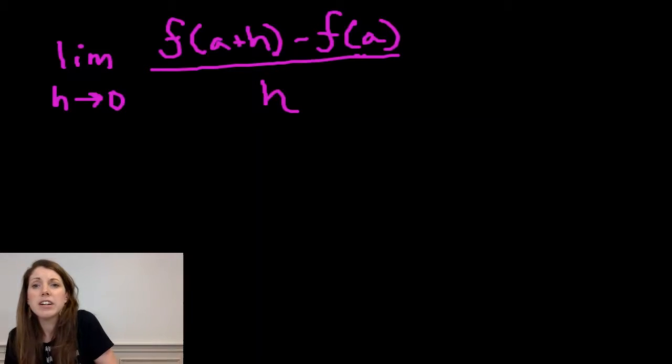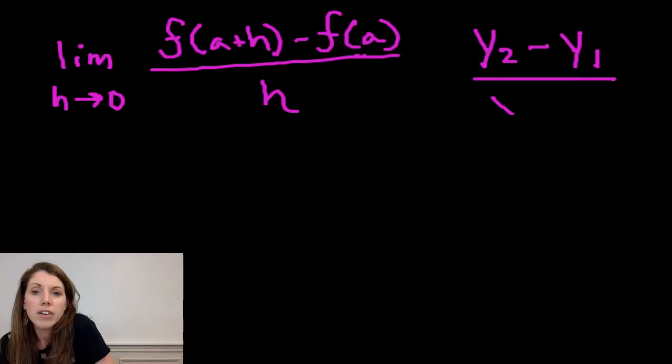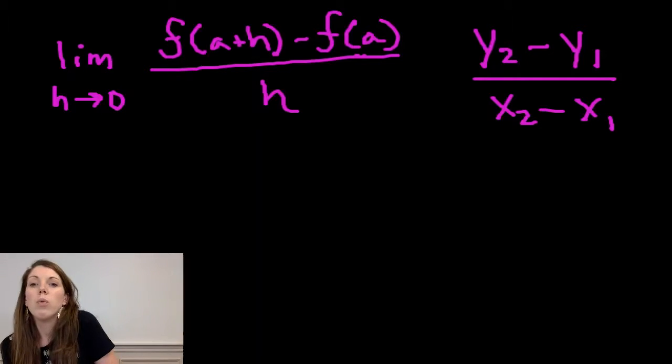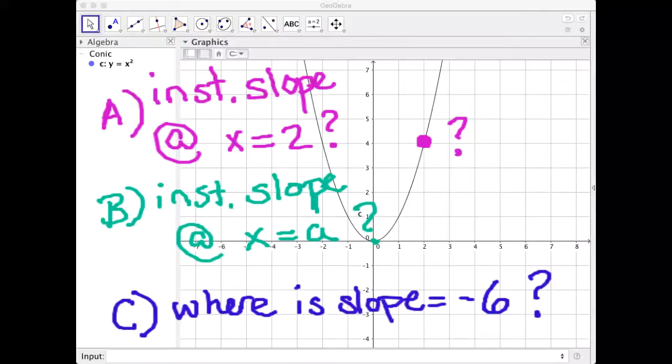So in this particular situation, A is going to be the point that we're starting with, right? Because this is like y2 minus y1 over x2 minus x1. And the reason that we don't have anything else here is because they canceled. If you remember, we had a minus a. So y1 in our question here is the point right here, the point 2, 4.